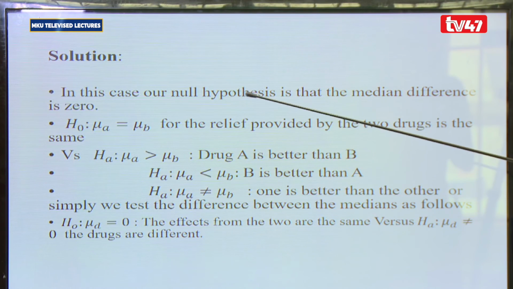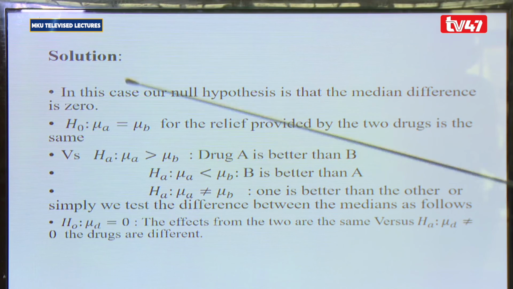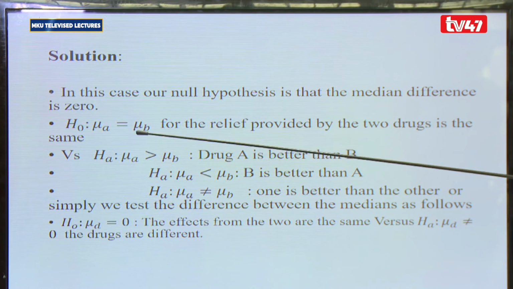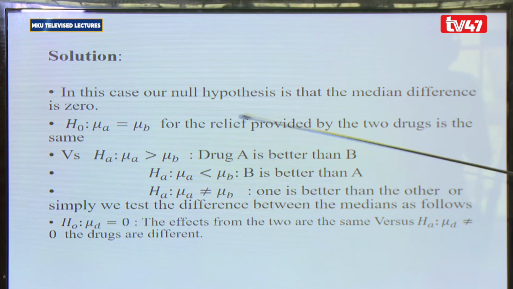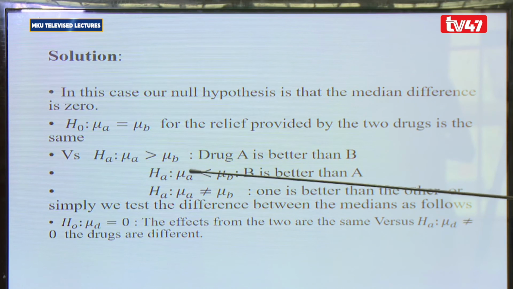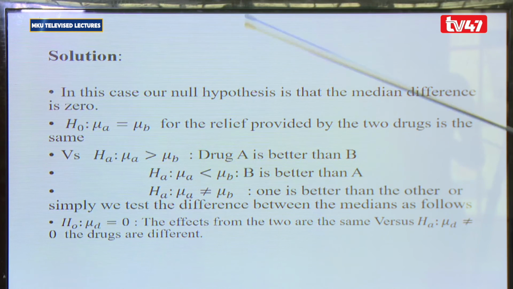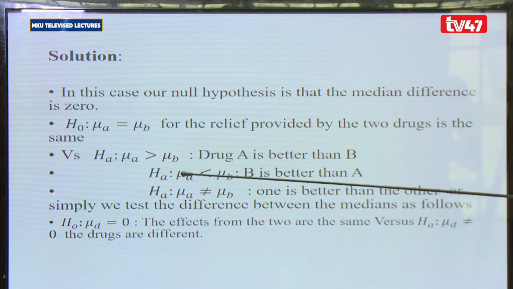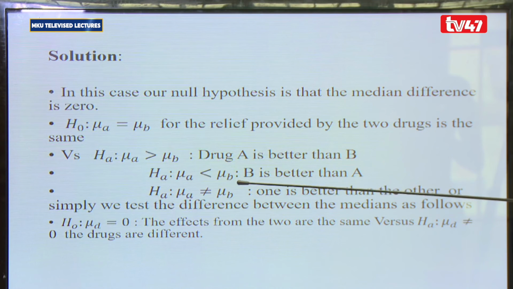So in this case, our null hypothesis is that the median difference is 0, that the relief provided by the 2 drugs is the same, versus the alternative that A is better than B or B is better than A. Simply we test the difference between the medians as follows.